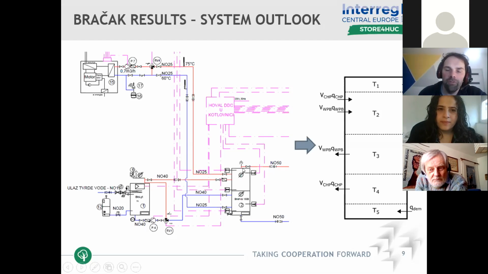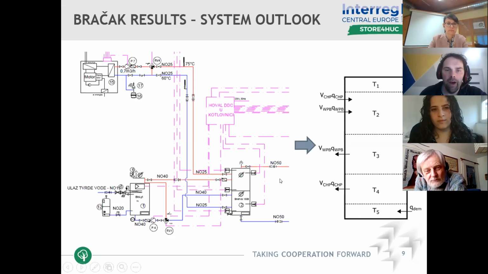And we have consumers then connected to this storage. In this more detailed setup, we require more data also for the heat supply to the users. Namely, we require both the heat demand and the flow of the water that is engaged.